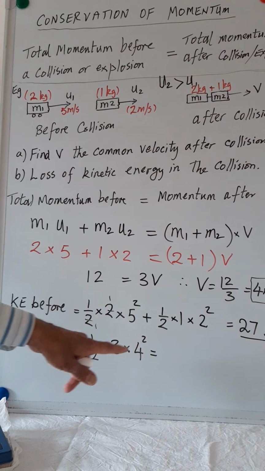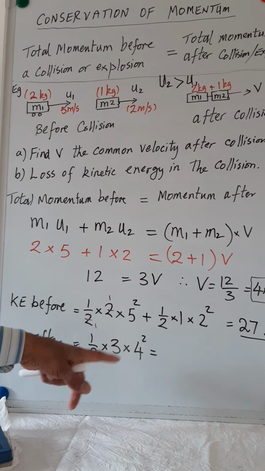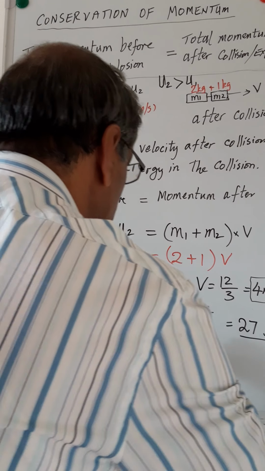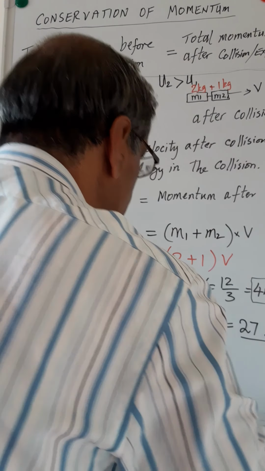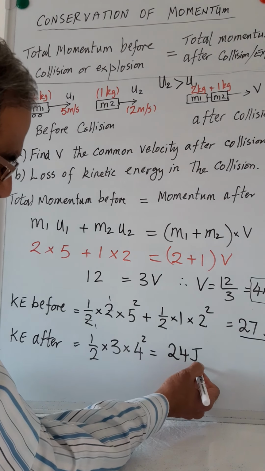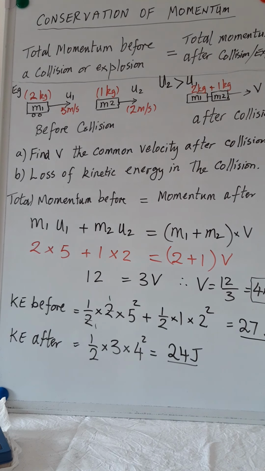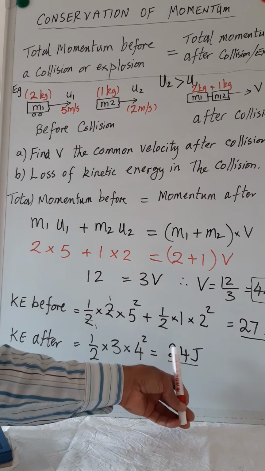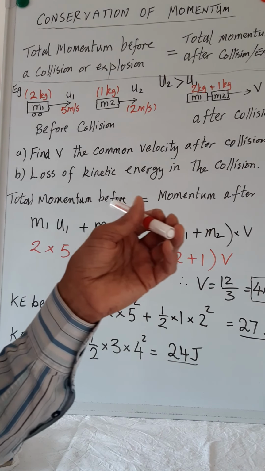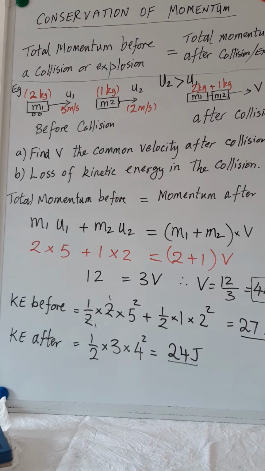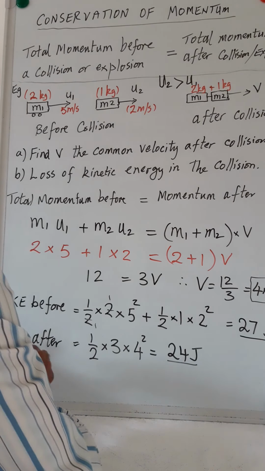Now 4 squared is 16, divided by 2 is 8, 8 times 3 is 24. So this is 24 joules. Can you see the kinetic energy after the collision is less than the kinetic energy before collision? So what is the loss of kinetic energy?